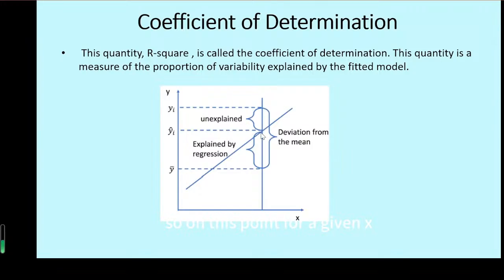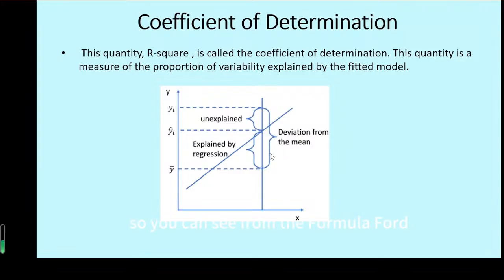So for a given x, this y value, y hat, is the fitted y value. Observations minus this y hat is the error term, and observations minus this y bar is the deviation from the mean.